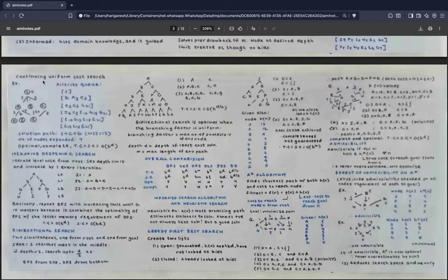SCG. I don't know what's going on. It's interesting. Okay, we'll see.